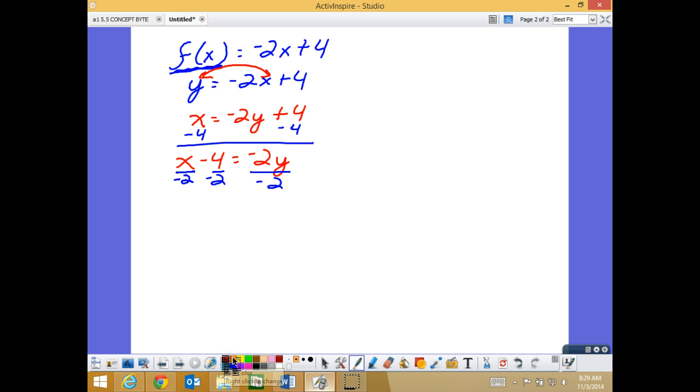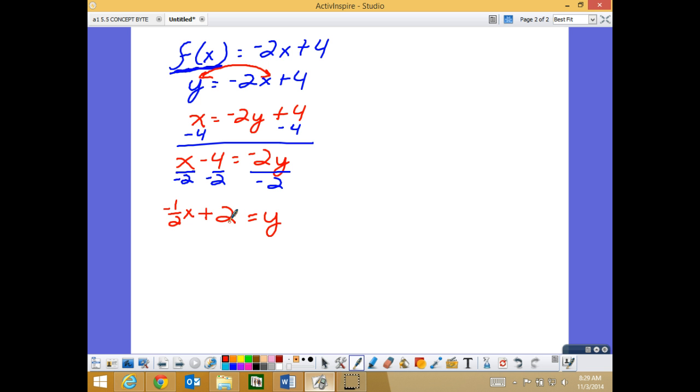So what we end up with is the equation y is equal to negative 1/2 x. Dividing by negative 2 is the same thing as multiplying by negative 1/2, and the reason we do that is so that it's easier for us to find the slope. And then negative 4 divided by negative 2 is positive 2.